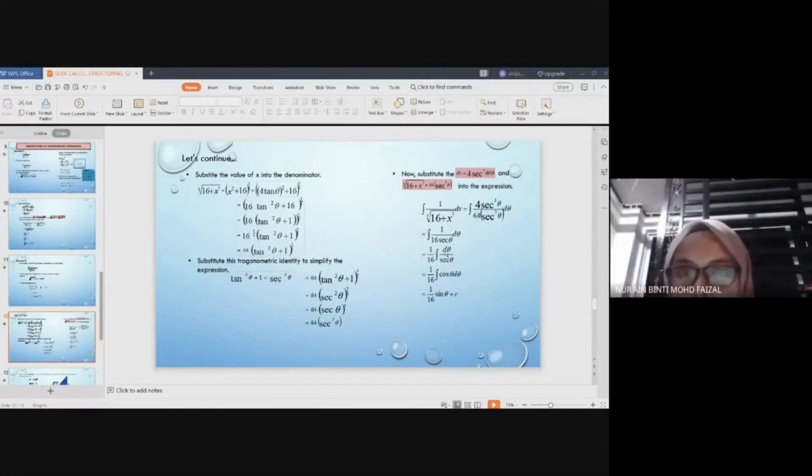But remember, you have to use the trigonometry if you see there is a trigonometry value there. So the integral of d theta over secant theta is cos theta, and then the integral of cos theta becomes sin theta. So 1 over 16 sin theta plus c.